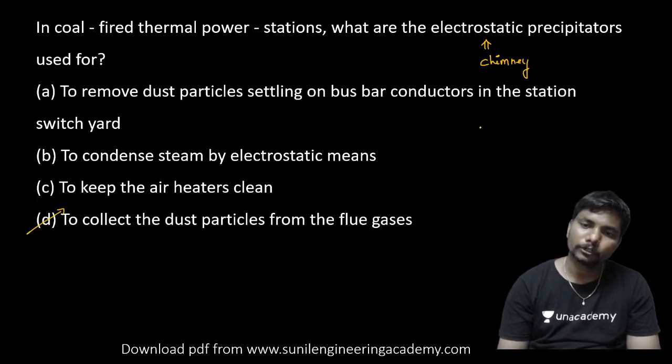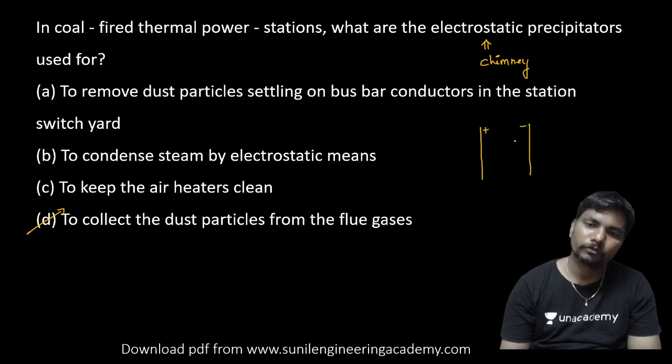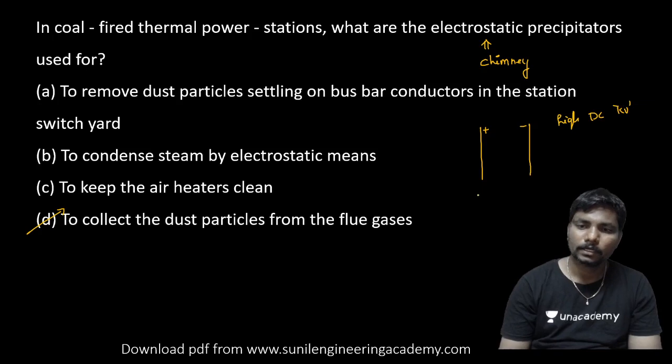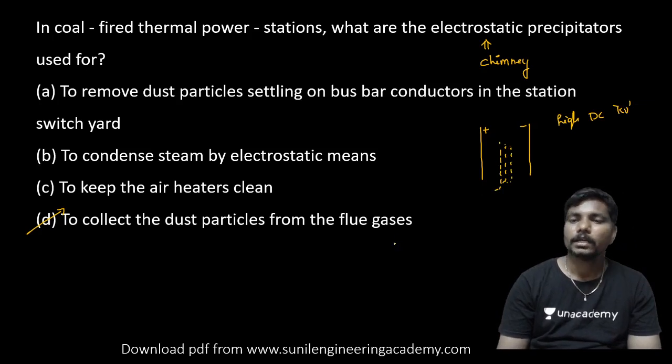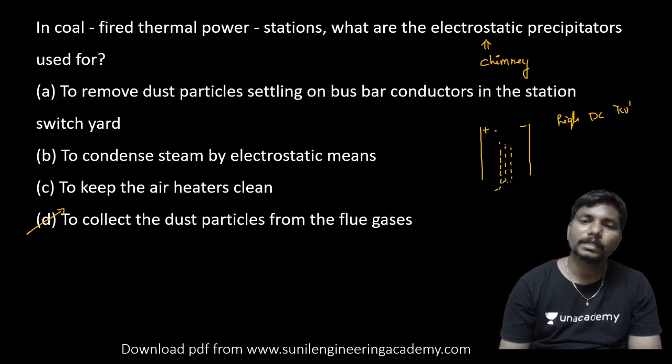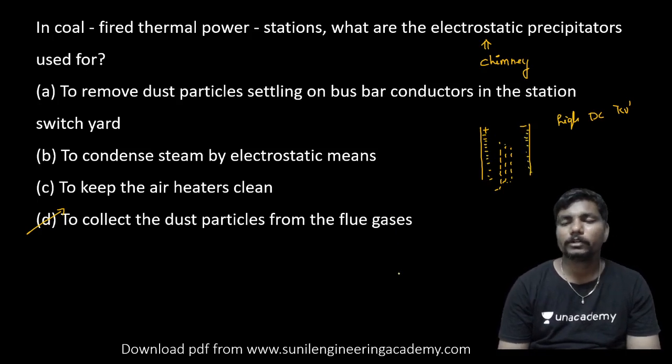This electrostatic precipitator has electrodes, and if you provide very high DC volts, the dust particles in the flue gases, which are non-metals, are attracted by the electrodes.